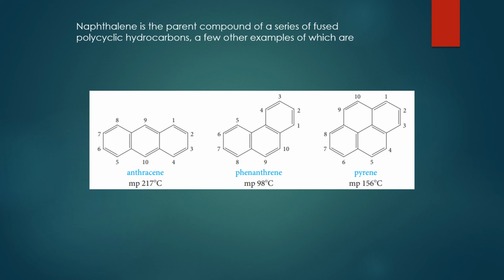Next slide. Naphthalene is a parent compound of a series of fused polycyclic hydrocarbons. A few other examples are anthracene, phenanthrene, and purine.